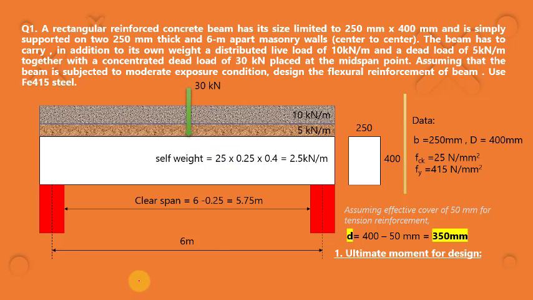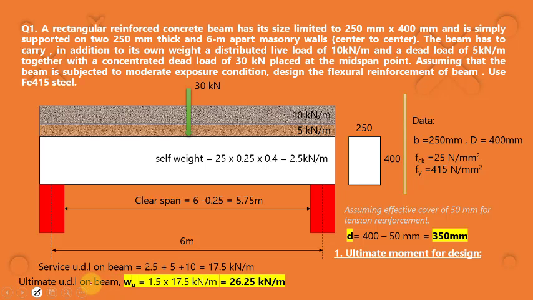So let us see what is the total service uniformly distributed load which is going to act on the beam. The service UDL on the beam is 2.5 plus 5 plus 10, which comes out as 17.5 kilonewton per meter. We design the reinforced concrete beam for limit state of collapse. So I would like to know what will be the ultimate load.